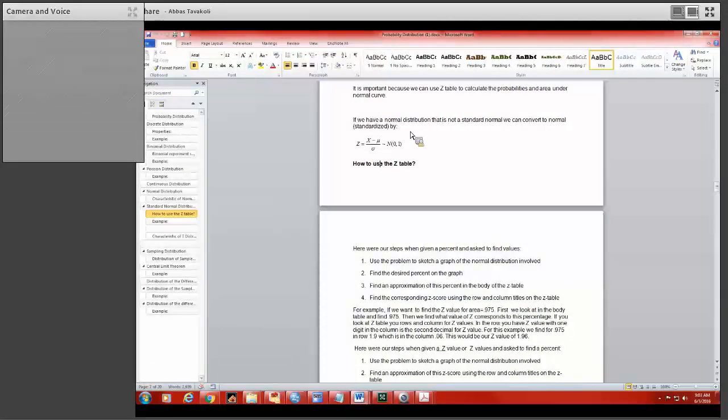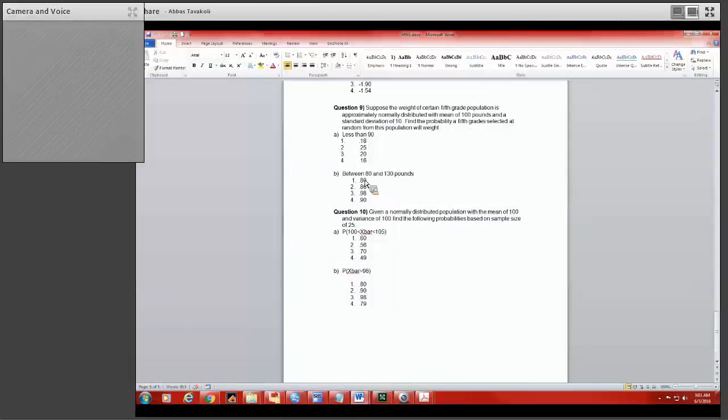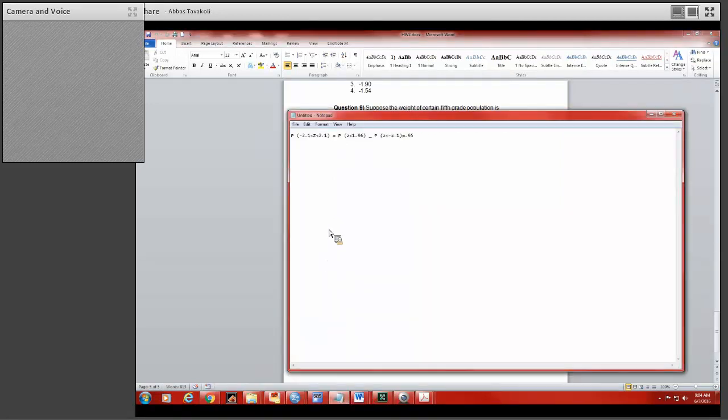I'm asking what is the probability that the weight of the fifth grader is less than 90. So you're using the continuous distribution, where you standardize to Z, which is x minus mu over sigma. So basically you're using that to get the Z and then find the Z value there. Again, between 80 and 130, first you want to convert these two values.